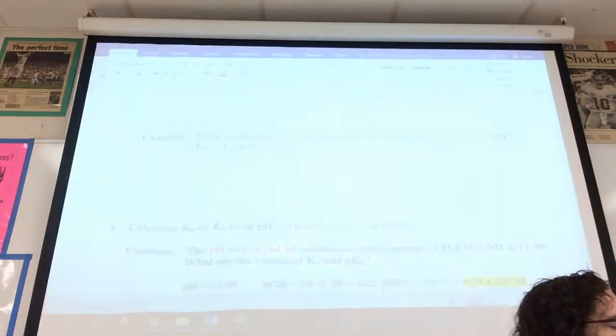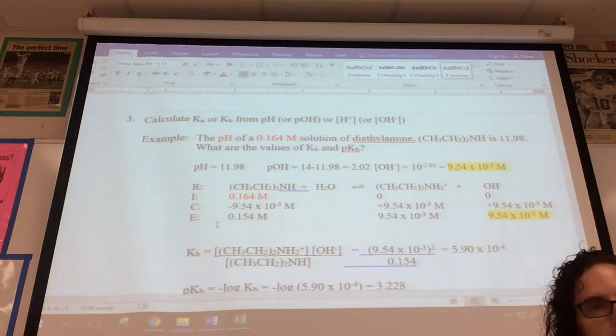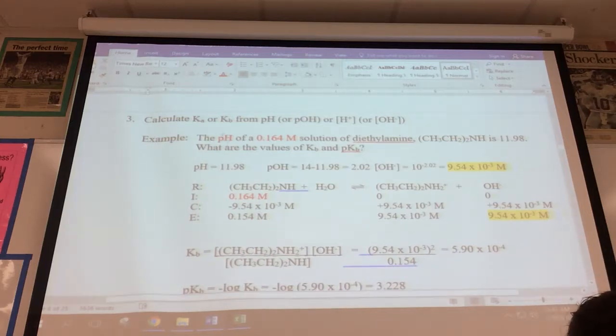All right, one last piece. Grossly similar. We're just going to work it slightly differently. You'll be golden with these once you practice, practice, practice. All right. So sometimes we can calculate Ka or Kb from pH and proton, or pOH and hydroxide ion.